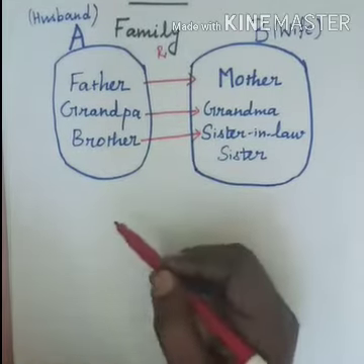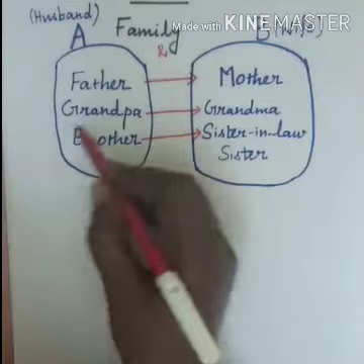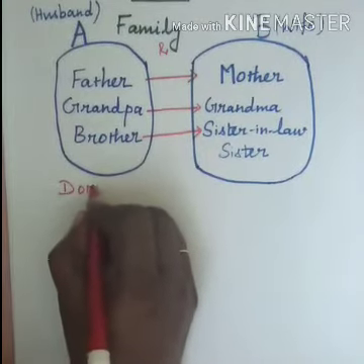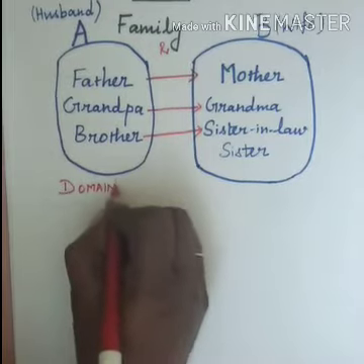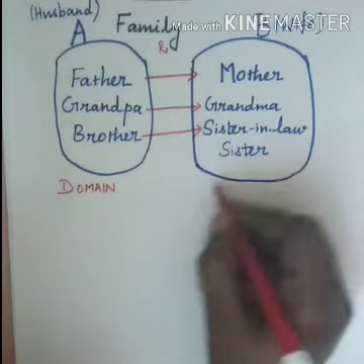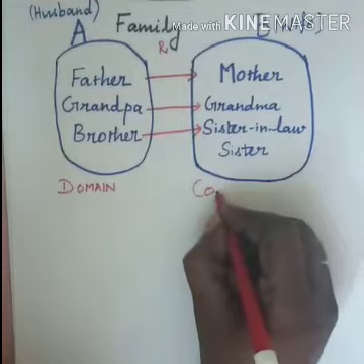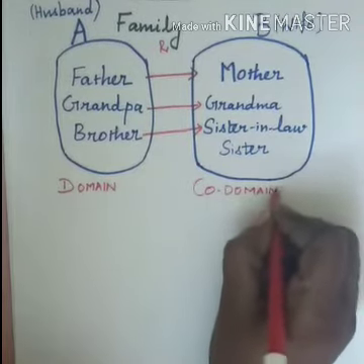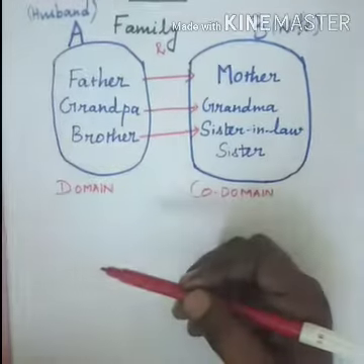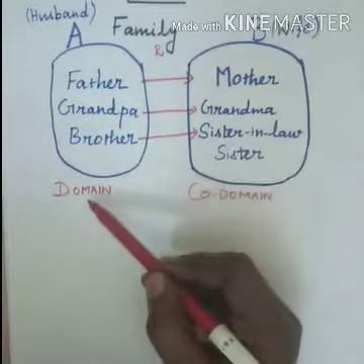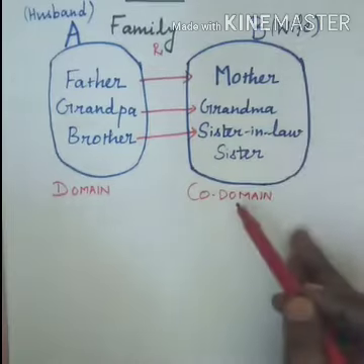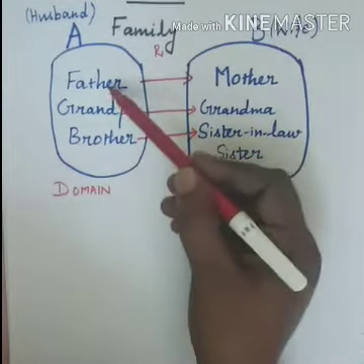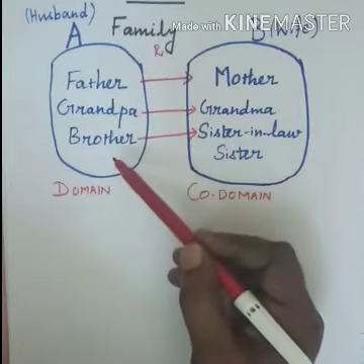Now, in a mathematical way, group A is called domain and group B is called codomain. So, the members of domain are father, grandpa and brother.